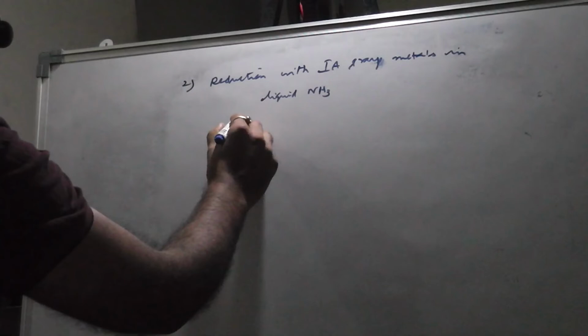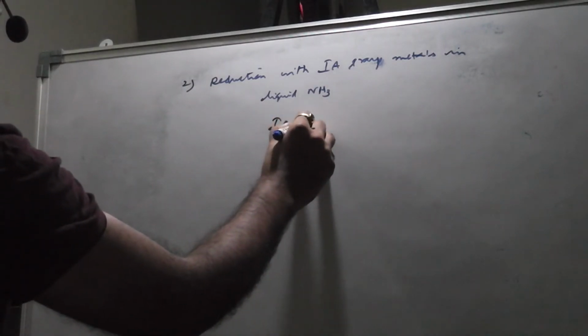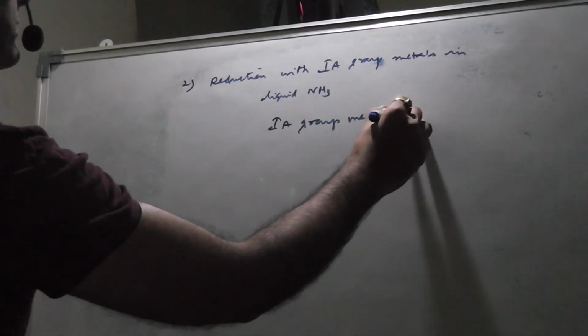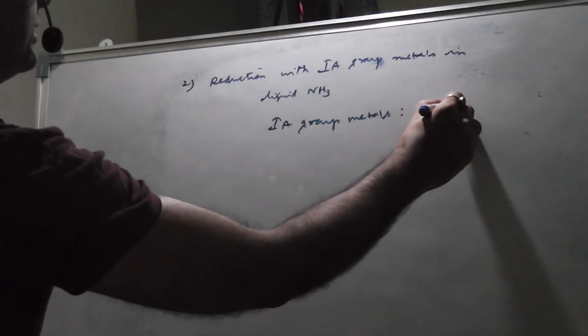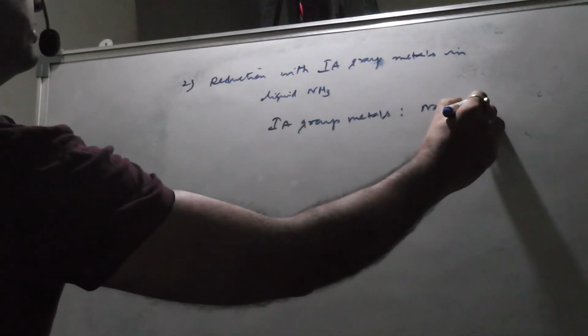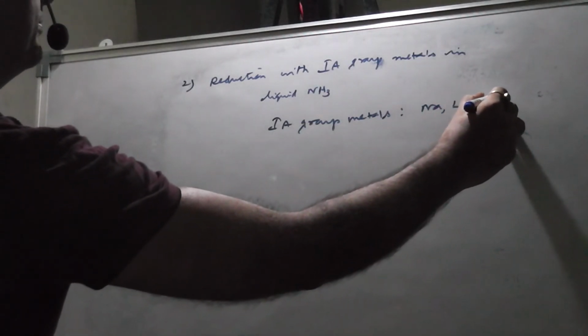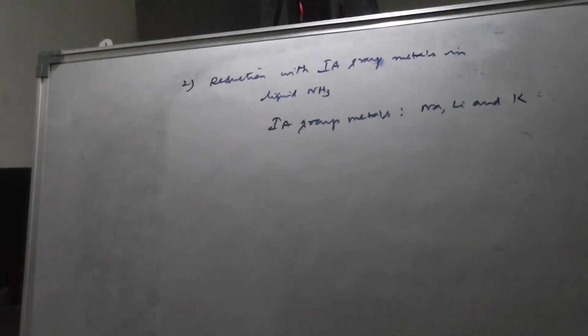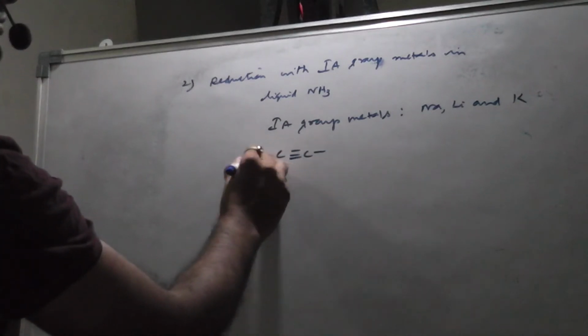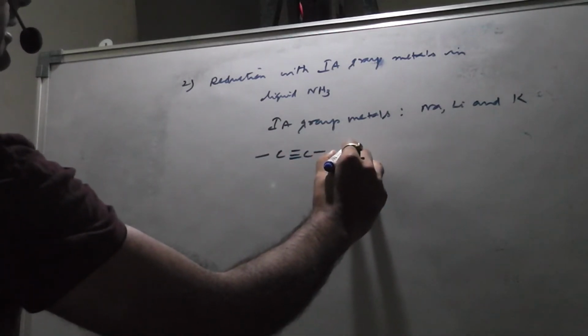The 1A group metals are usually sodium, lithium, and potassium. The C triple bond C will be reduced, and the product is a trans olefin.